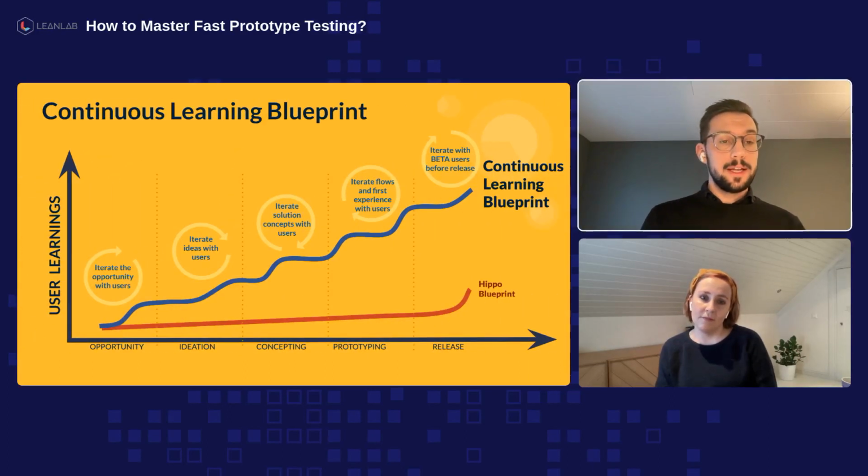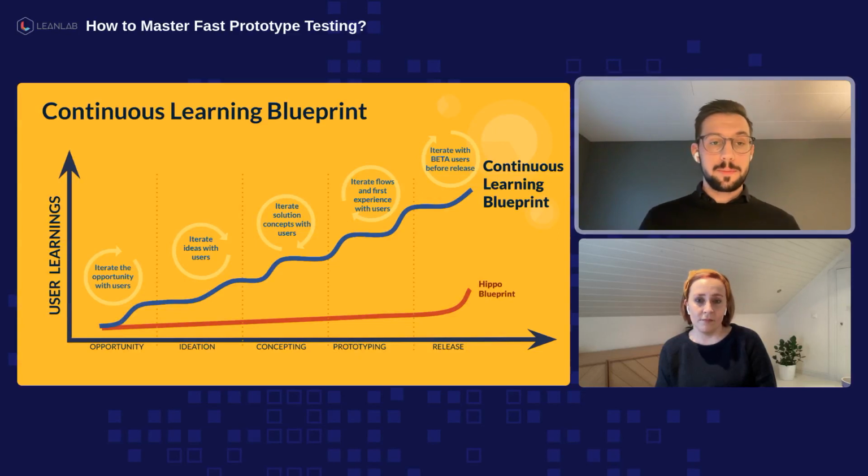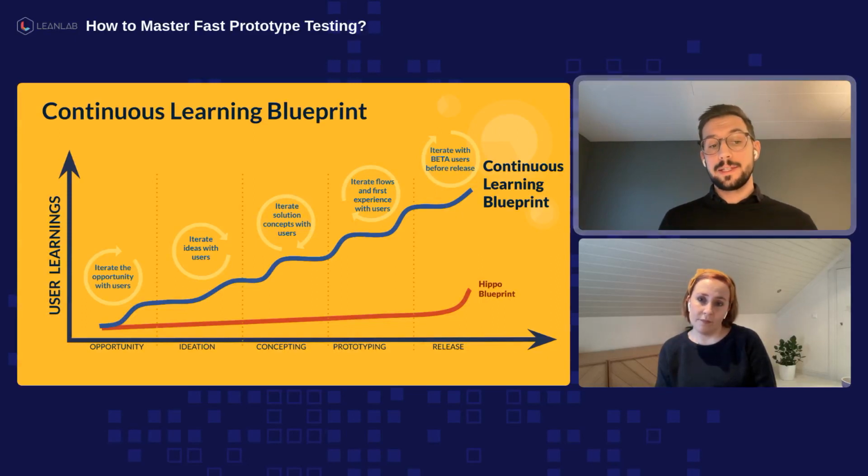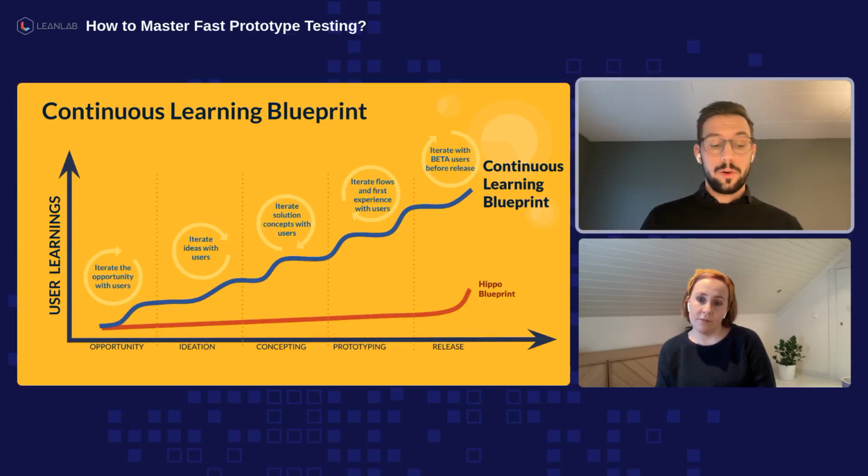Our other option, the continuous learning blueprint that I also mentioned before, is what I think everyone should aspire to: continuously involve users throughout the opportunity stage, ideation, concepting, prototyping up until release, and make sure that you're increasing your user learnings along the way through all of these different steps.